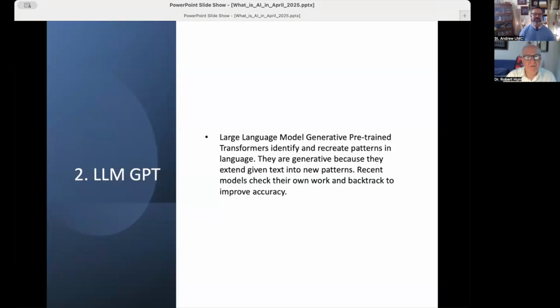The next type of system is what's called an LLM GPT. This is what we usually mean. It's a large language model, generative pre-trained transformer technology. As I talked about a little bit last week, a large language model just means you've created a huge model of language using probabilities that are linked together.